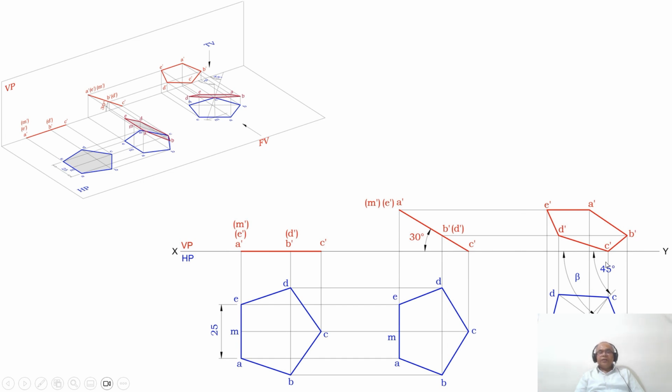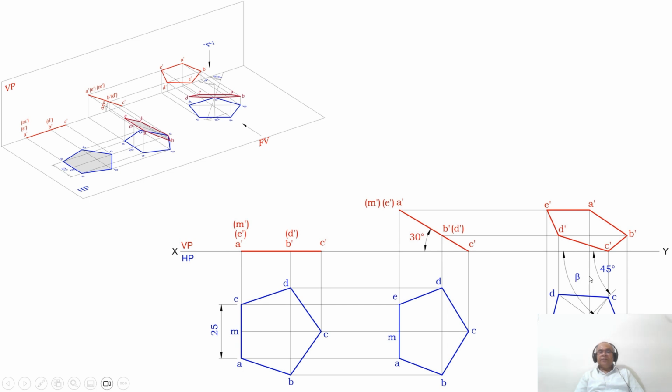So how do I know that my problem is right? You can see that even in the third position, the pentagonal lamina is resting on one of its corners on HP, and the perpendicular bisector passing through the corner on which the lamina rests is inclined at 45 degrees to VP. Since he has given the true inclination, we needed to find out the apparent inclination.